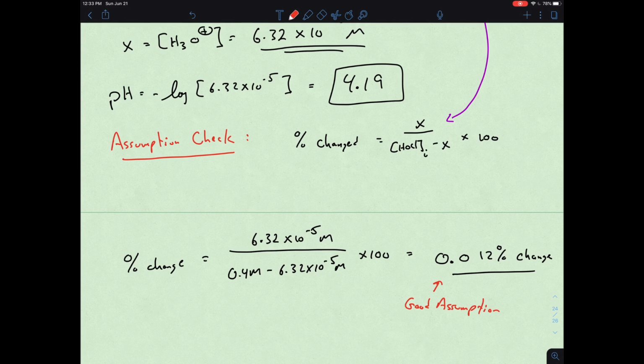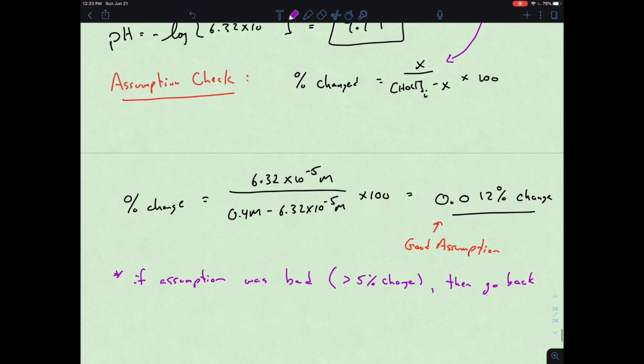If we had a bad assumption, where we would have something greater than 5% change, then we have to go back and do the quadratic.